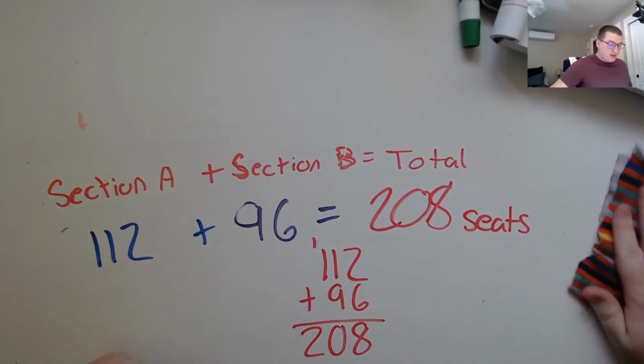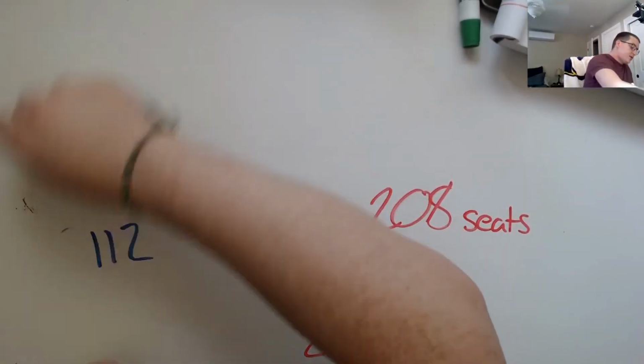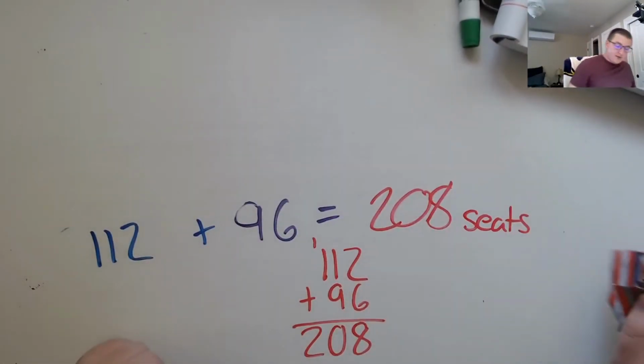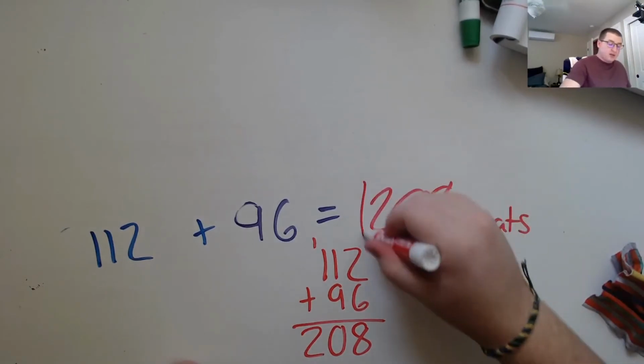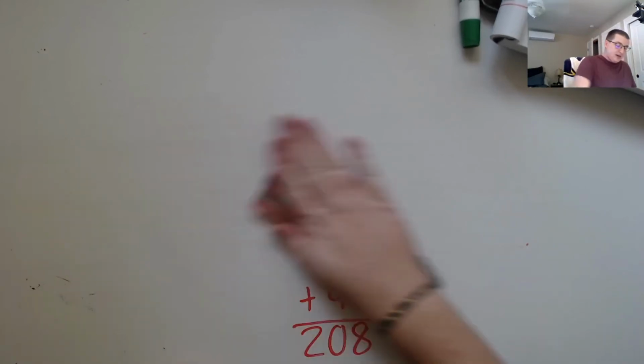There's another problem that asks for a little bit more information. So let's go ahead and solve that. So the answer to our question here was 208. However, it says, what if sections A and B each had 7 rows? How many people would have been seated in sections A and B? So let's go ahead and go back and recreate our problem here.